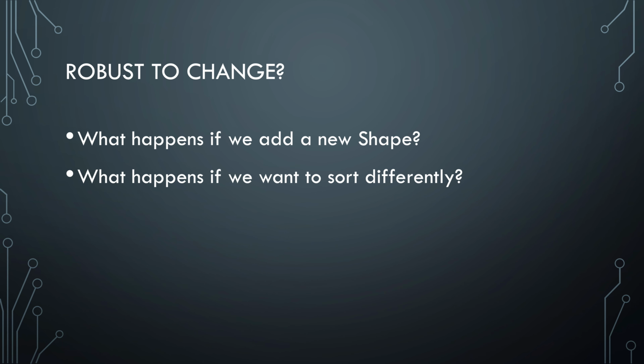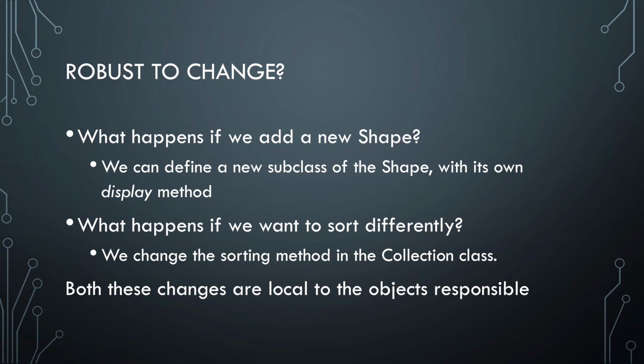The question is, is this approach robust to change? Can we add new shapes or sort them differently? The answer is yes. We can define a new subclass of shape, and we can easily change the sorting method in collection. This works because both of these changes are local to the objects that are responsible.